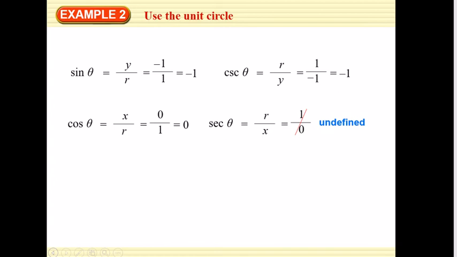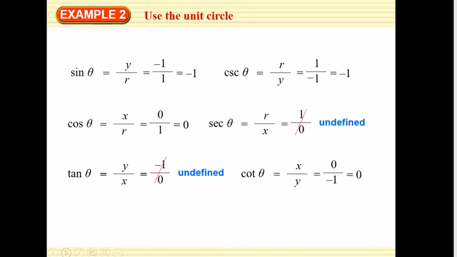The problem arises when I find the secant, when I do take the reciprocal and I do 1 over 0, it is undefined. We are going to get some undefined values, and if we look at these graphs in the future, you'd be able to see why. Then setting up tangent, if I do the sine over the cosine, negative 1 over 0, that's going to give me another undefined value.